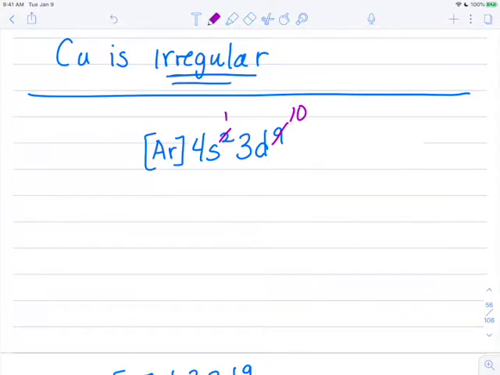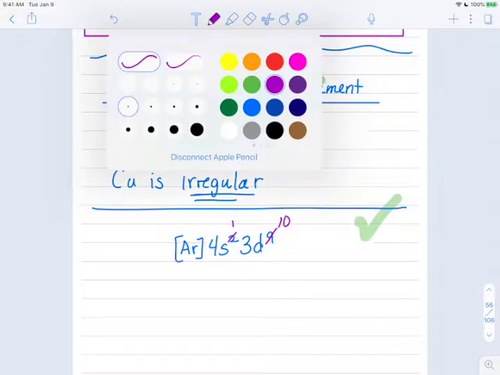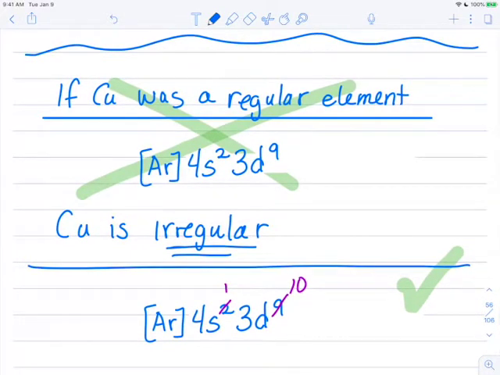So argon 4s1, 3d10. I'm going to cross this one out and put a check mark here. So it is not a regular element. We would expect it to be the argon 4s2, 3d9, but it is really argon 4s1, 3d10. Any questions about how we turned it from a regular element into irregular?